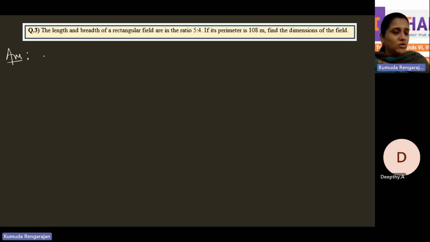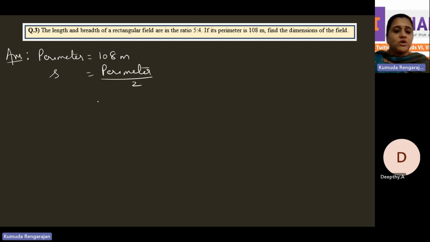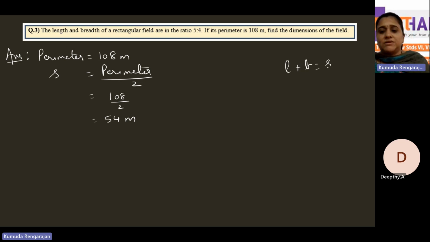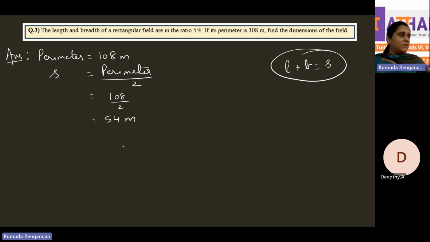Going with what Tanya told me, perimeter is equal to 108 meters. So what is semi-perimeter then? Perimeter by 2. Semi-perimeter is perimeter by 2, which is equal to 108 divided by 2, which is 54 meters. Now L plus B is equal to semi-perimeter. Remember this, L plus B is equal to semi-perimeter.